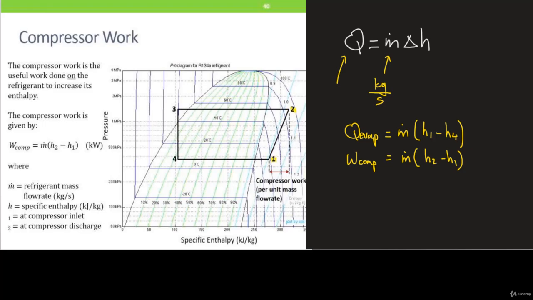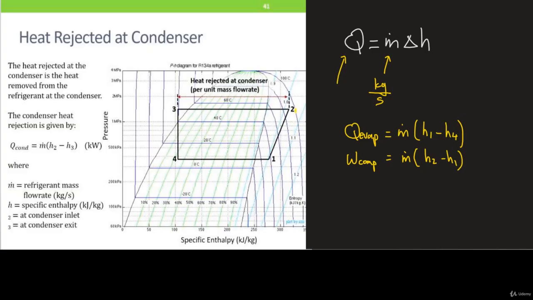Lastly, as you can guess now, if we want to find the heat rejection at the condenser, Q con, it is the same thing, m dot delta H, but now it's between which two points? It will be between point 2 and point 3. You may think I should take H3 minus H2 because it's always final minus initial. But don't worry too much about that.